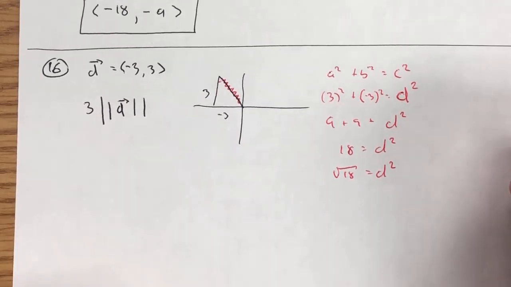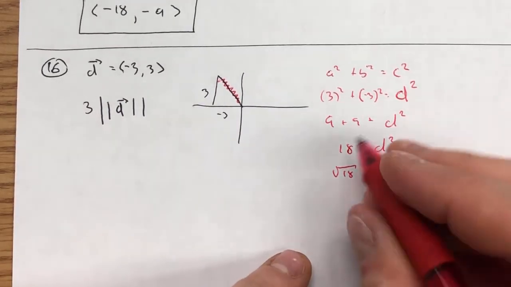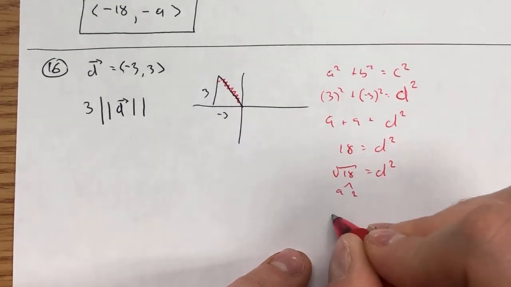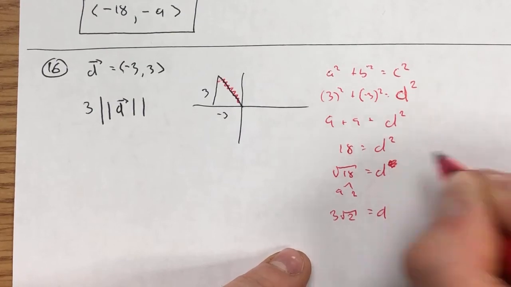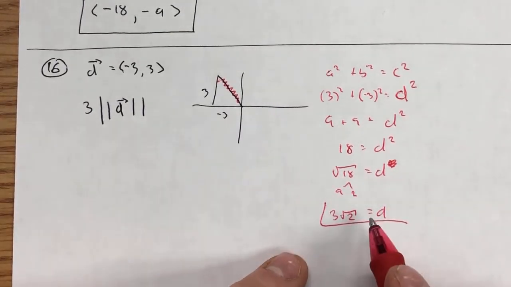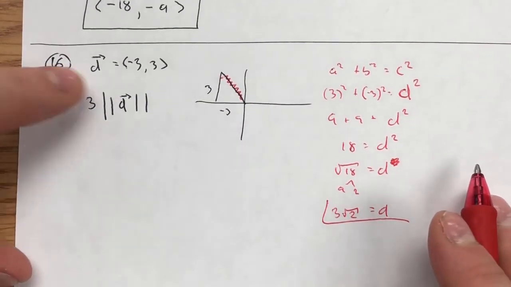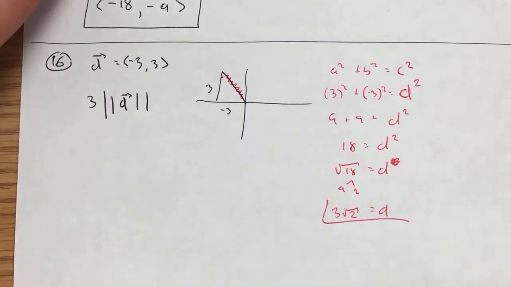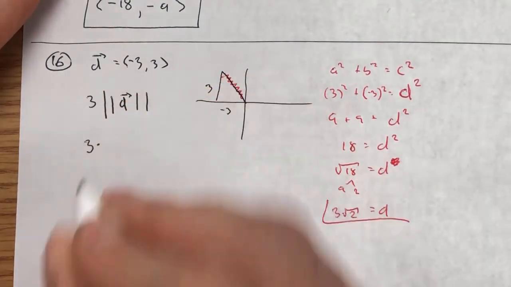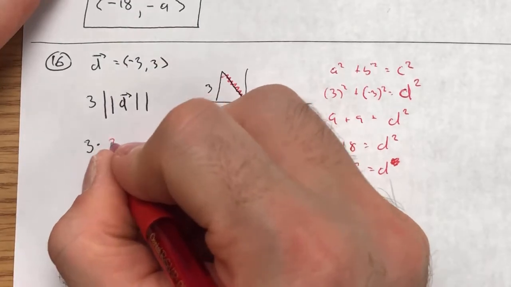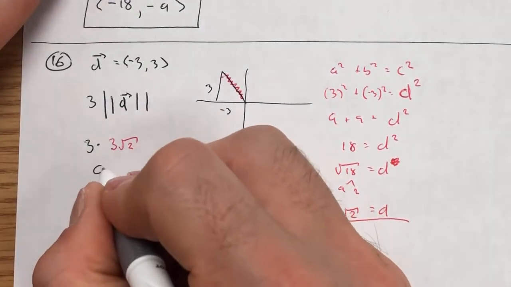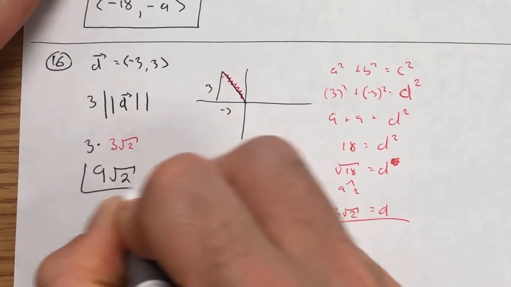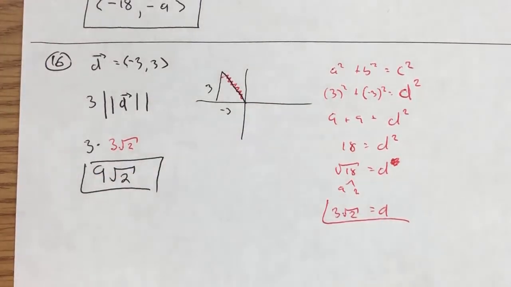Rewriting in simplified form, that's a 9 and a 2, so 3 root 2 is the magnitude of D. That gives me part 1. So 3 times the magnitude of D is 3 times 3 root 2, which gives me 9 root 2. There are no units, so there we go.